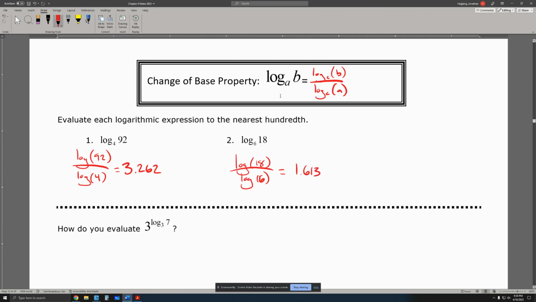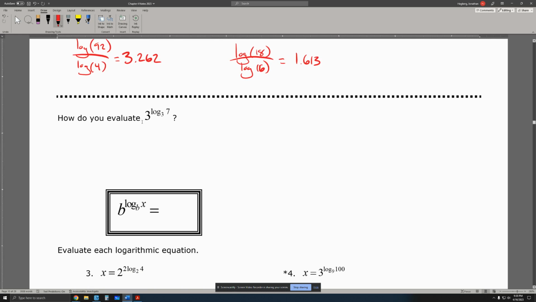One more property for today. If we had 3 to the power log base 3 of 7, I want to know what that's equal to. Now remember, if we were just looking at this exponent here, this would be saying, to what power would I raise 3 to get to 7?